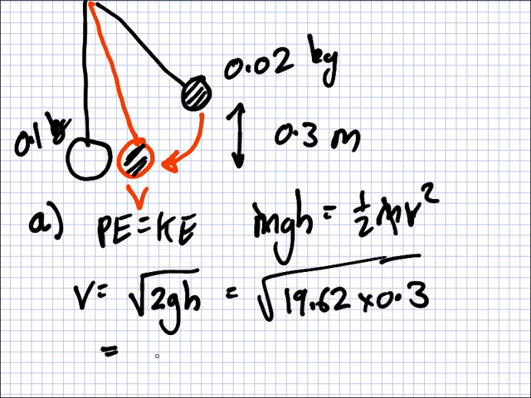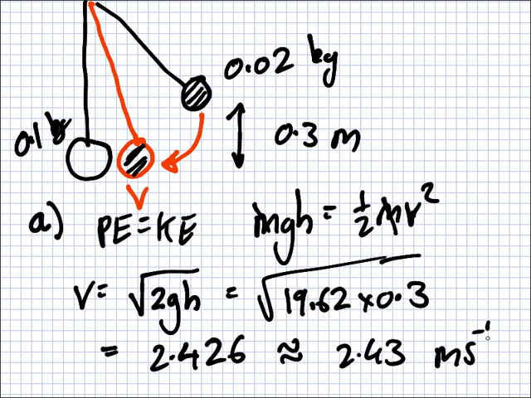So what is that? 2.43. Give me another decimal place. 2.426, which roughly equals 2.43 meters per second.